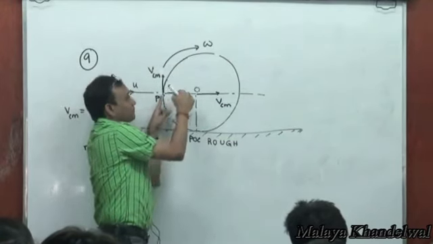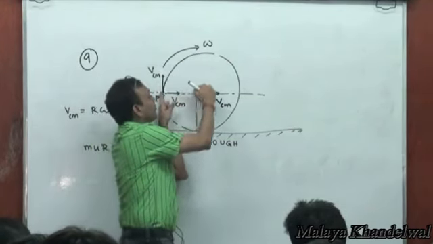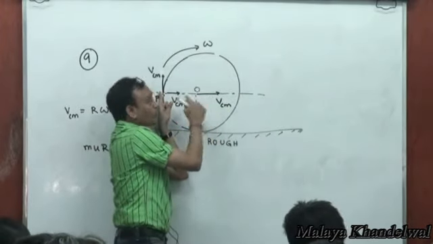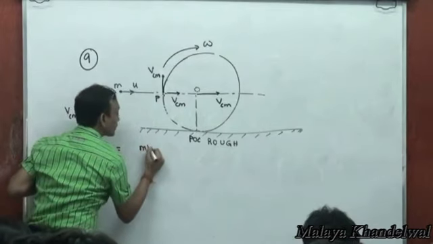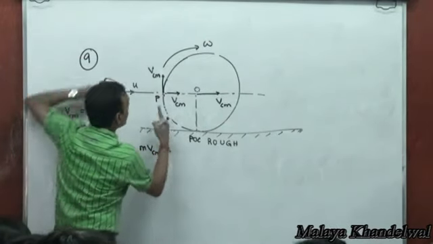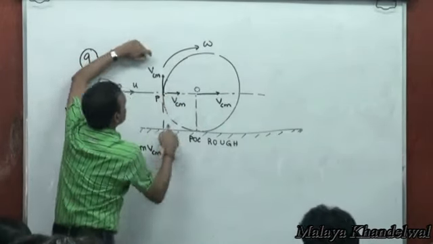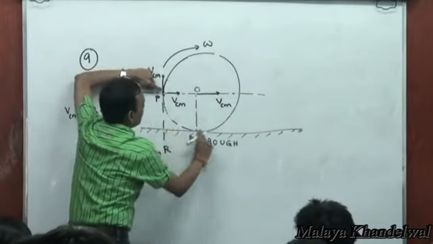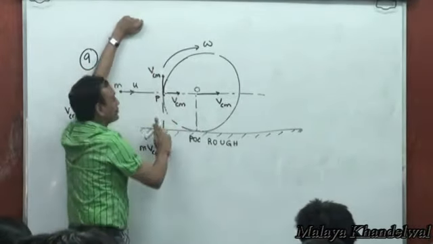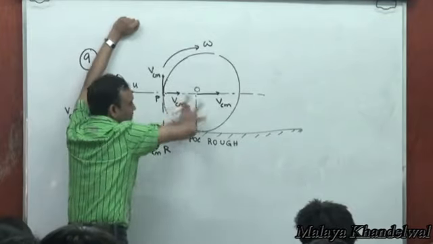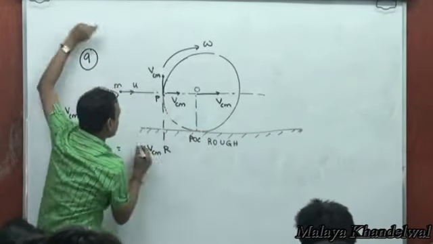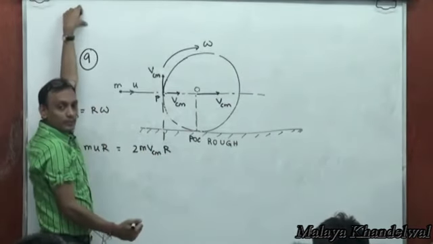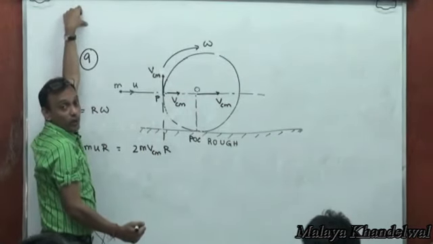So the mass m has angular momentum m VCM into R clockwise from this, plus this VCM is also m VCM into R clockwise. Yes or no? This length is R, right? So that makes it 2 m VCM into R for the mass alone about the point of contact.